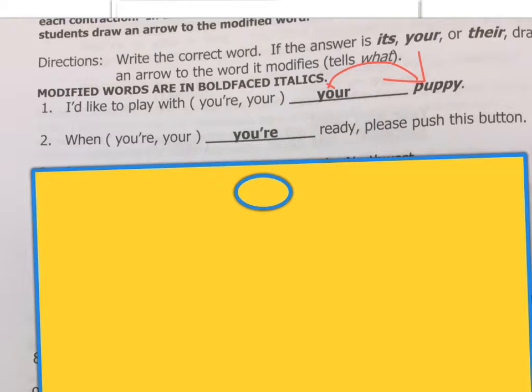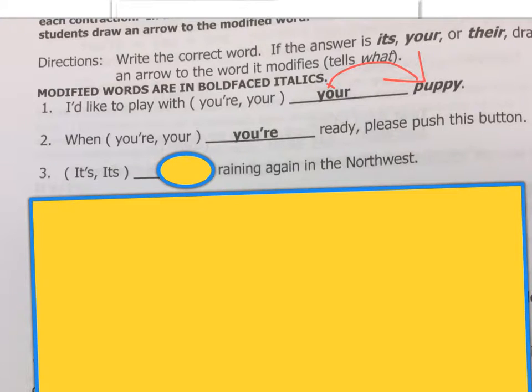Let's try the next one. It's raining again in the northwest. It is raining again, or its what? Raining again in the northwest. It is. So the correct answer is it's, apostrophe S. It is raining again in the northwest.